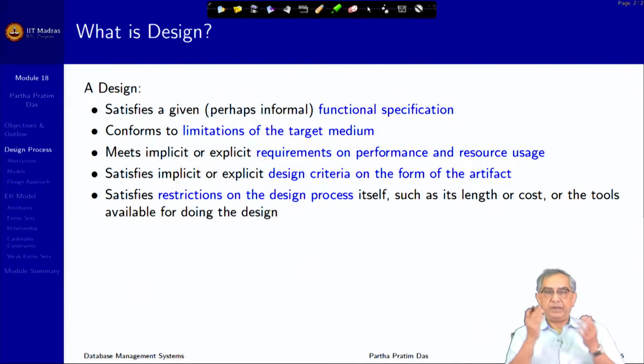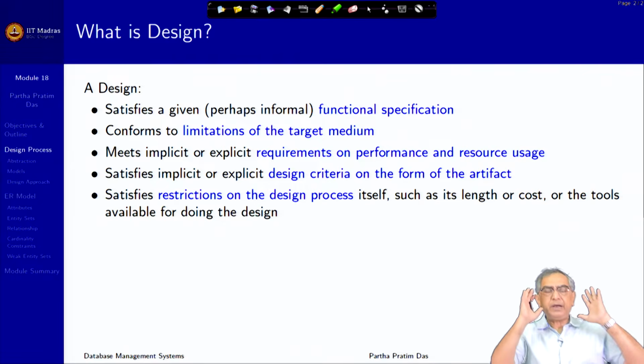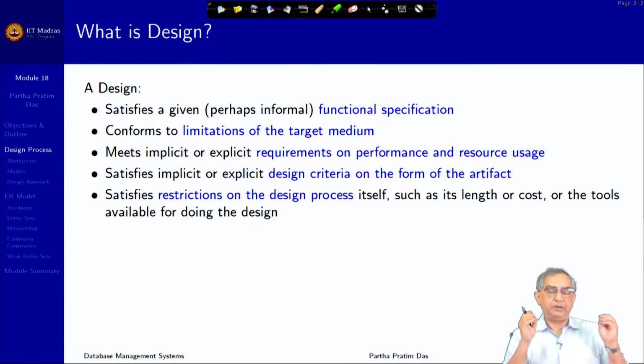All of them have big databases behind them. So, you have to satisfy implicitly or explicitly the design criteria that you set for yourself, and in the form of artifacts you must satisfy them and satisfy the restrictions that are possible. So, these are very global gross thoughts that you will have in your mind when you go about doing the design.